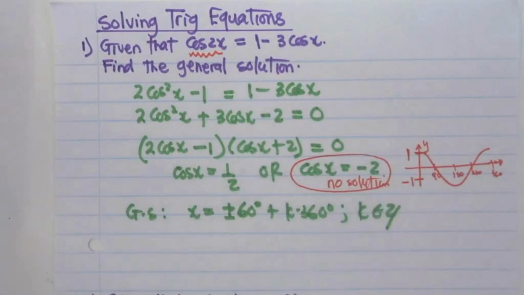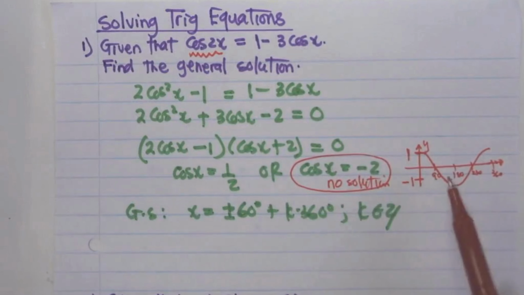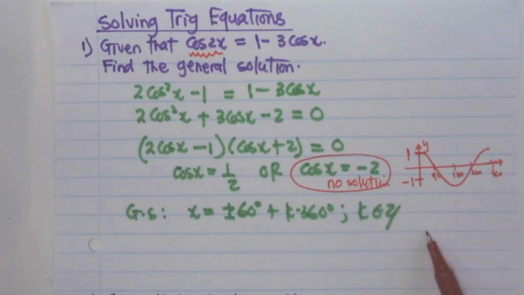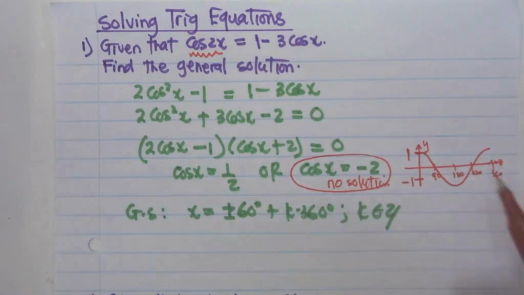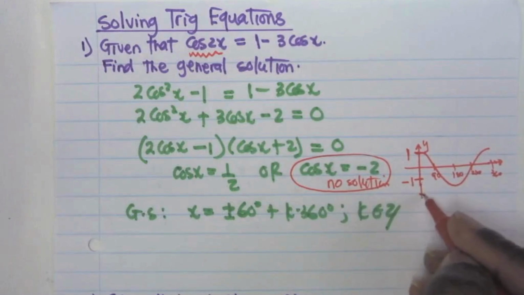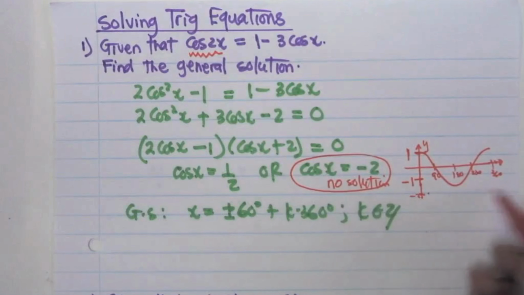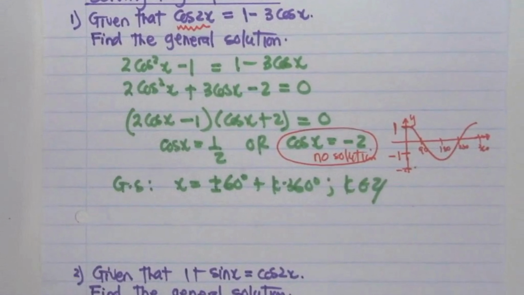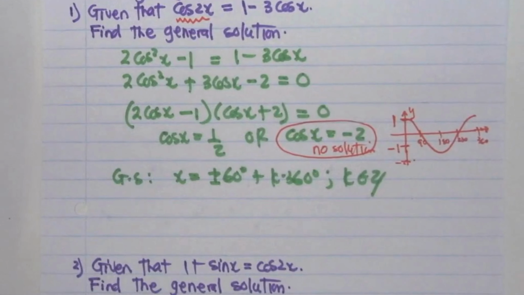It does not exceed +1 here, and it does not go beyond -1. That's why we are saying here, if we have -2, the graph does not cross the line y is equal to -2, therefore we do not have a solution there.